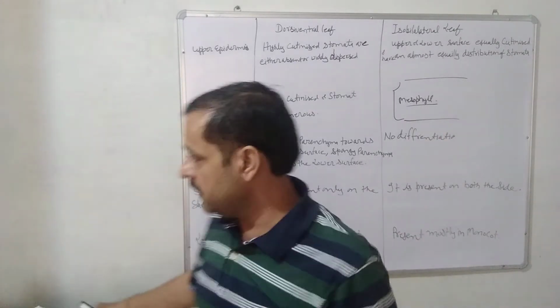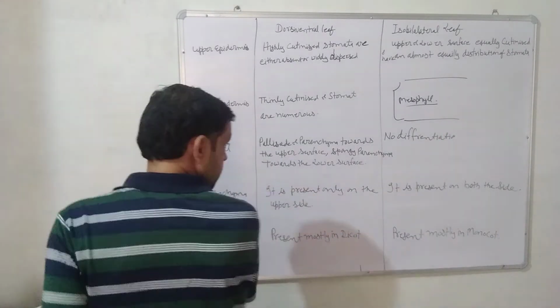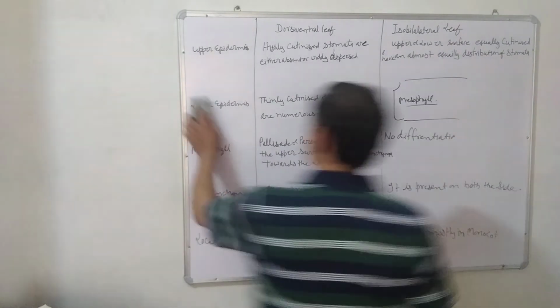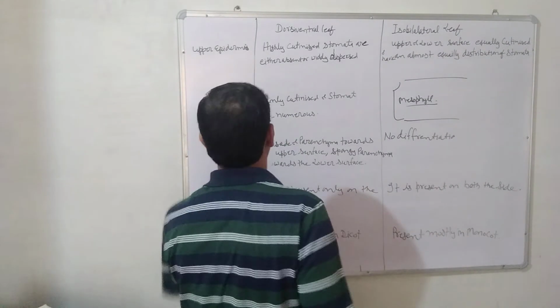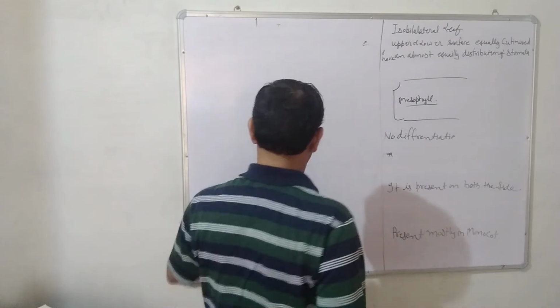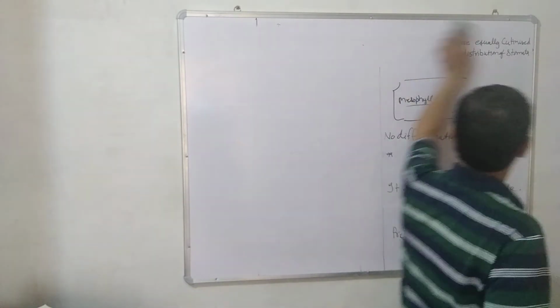Now you can see both leaf diagrams, then we understand these differences properly. First of all, I draw the dorsiventral leaf, and then the isobilateral leaf.